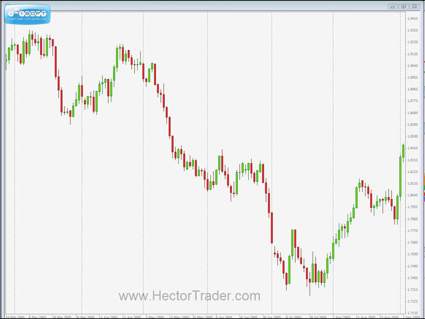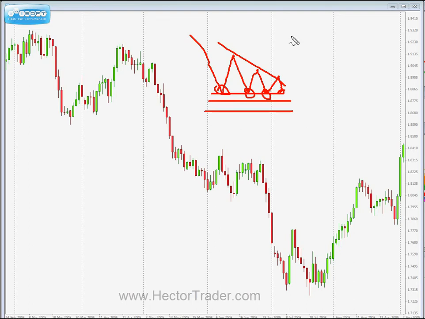Moreover, the opposite also holds true. We can also have a flat bottom triangle, in which, once price gets into the triangular consolidation area, you see different swings bottoming out in a straight line, whereas the highs of those swings are leaning down.